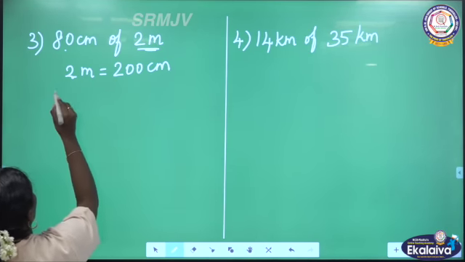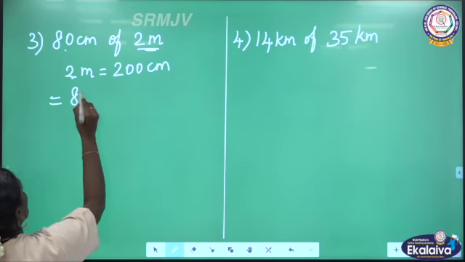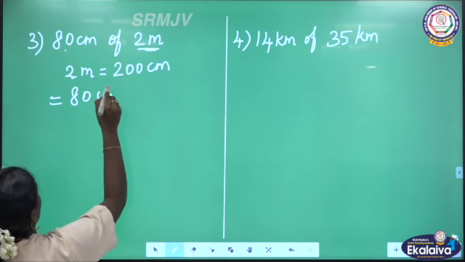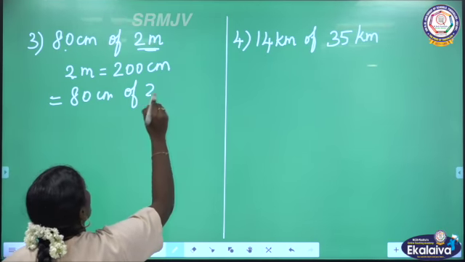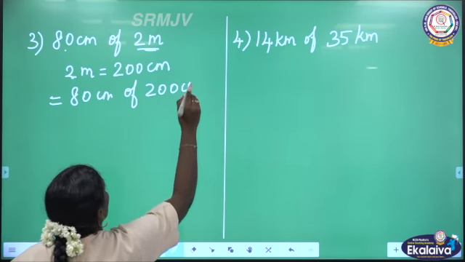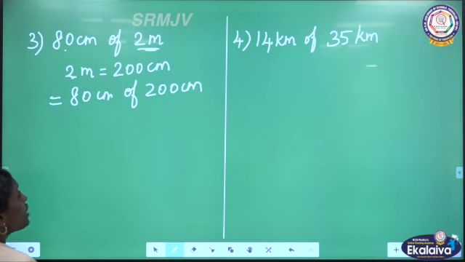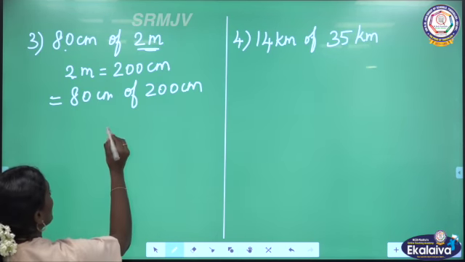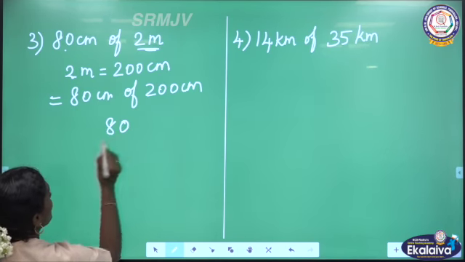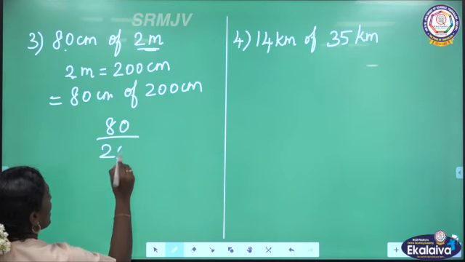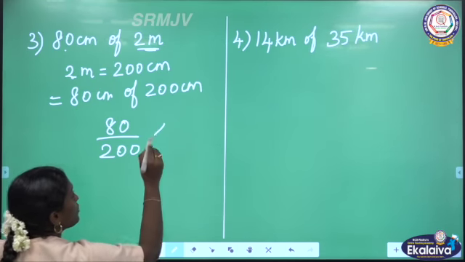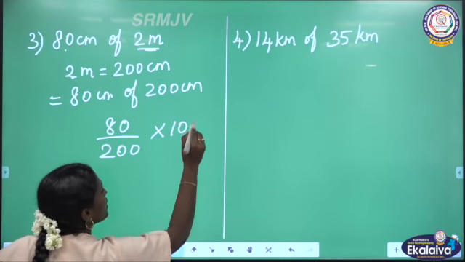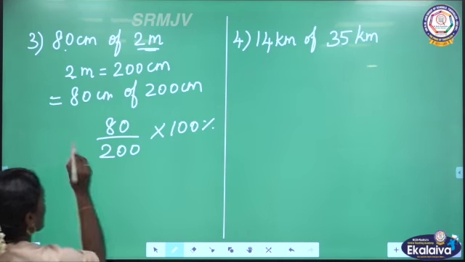Now we have to change the question as 80 centimeter of 200 centimeter. Now we are going to change it as percentage. First we have to write the numbers in fraction. So 80 by 200, to convert it into percentage, we have to multiply it by 100 percentage.